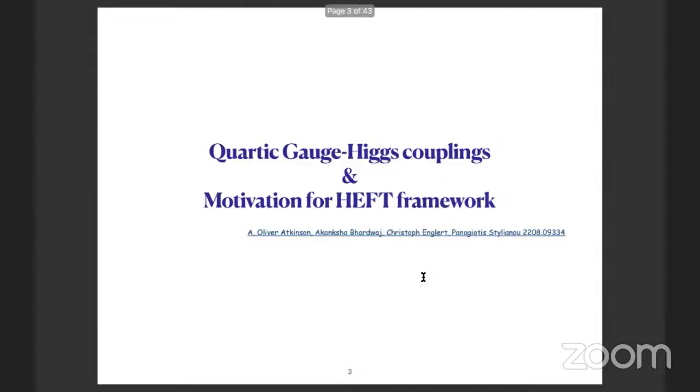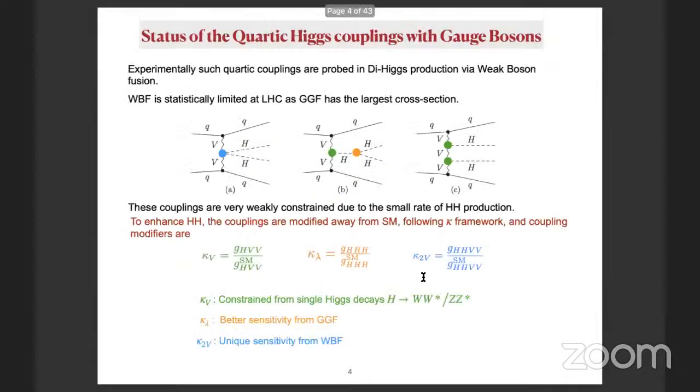Okay. So I'll start with these quartic Higgs gauge couplings. Experimentally, such HHVV couplings are probed in di-Higgs production via weak boson fusion, and these are the three Feynman diagrams responsible for it. But VBF is a very statistically limited channel as the production cross-section is around 1.7 femtobarn, and gluon-gluon fusion has the largest cross-section for di-Higgs.